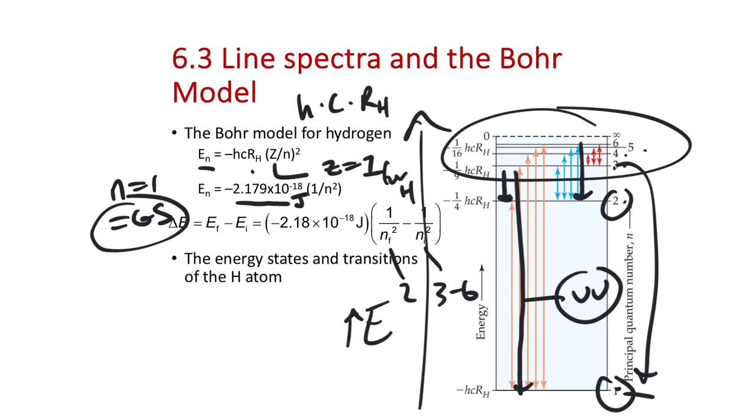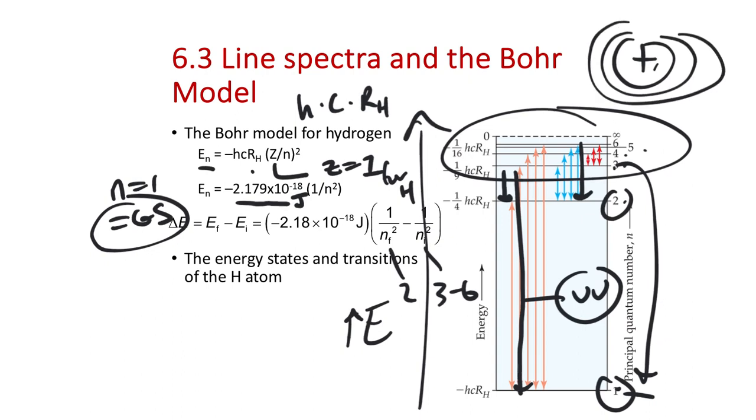So n equals 1 is as close as the electron can get to the nucleus in its closest possible orbit, if you will, or spinning around the nucleus. And then n equals 2 is a little further away, n equals 3 even further away. So we're just looking at the atom from n equals 1 to 2 to 3, the electron moving further and further away from the nucleus.